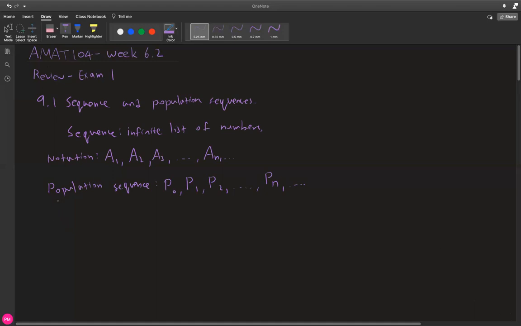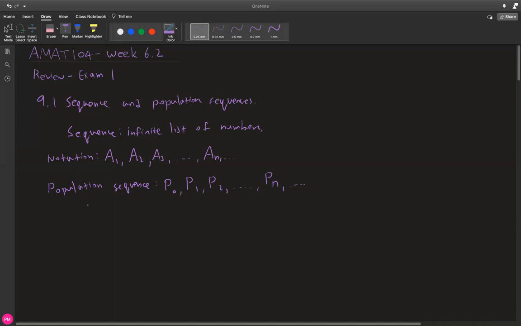So in this chapter, all we had to do was to simply be able to understand the definition, and given a formula or some type of sequence, you just have to understand what type of sequence it is and how to express it in explicit formula or recursive formula.